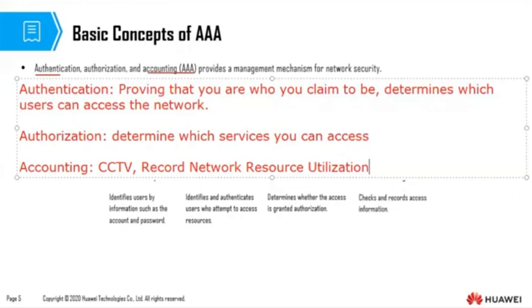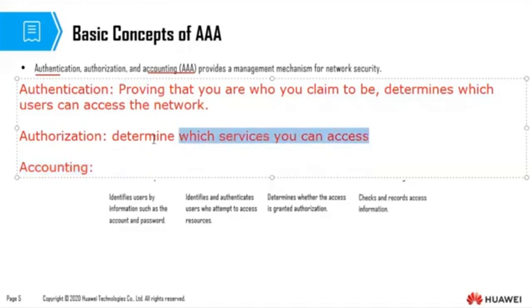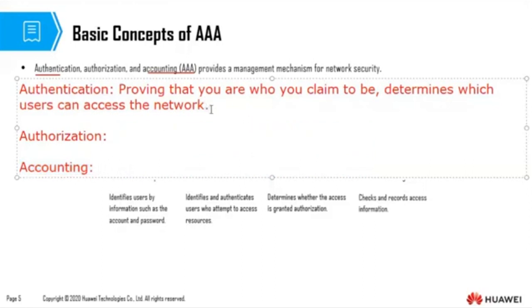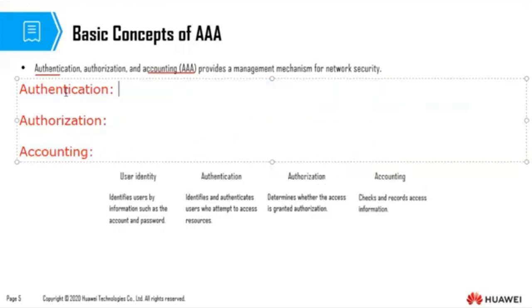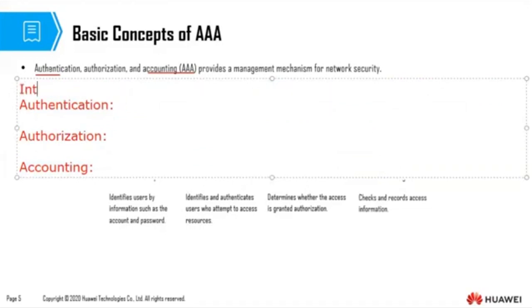Now, you might think of this as far-fetched, but one of the institutions that use AAA is the internet service provider. Now, how does the internet service provider use AAA?